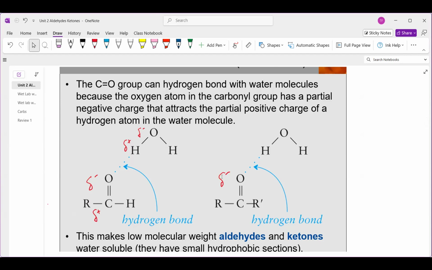And it's because of this here guy is partially negative. So it's attracted to the partially positive H of water. Same with the ketone.